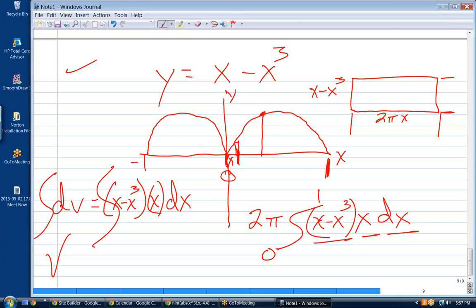And I wish I had a box of discs, washers, and shells of varying radiuses and heights, because then all of these three-dimensional objects I could put together using a box of these things.